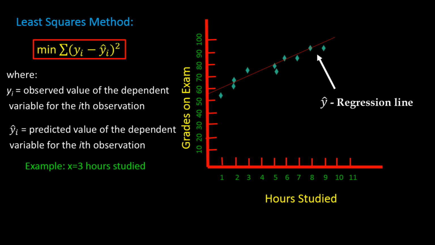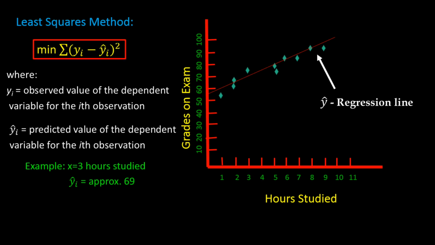On the graph, we would look at 3 for the x value, and then look up to the line of regression and over to where that point is on the y-axis. And we would get a predicted y value, y hat, for that observation would be 69. Once we get an exact equation for the regression line, we will be able to predict that value more exactly, but it is approximately 69.